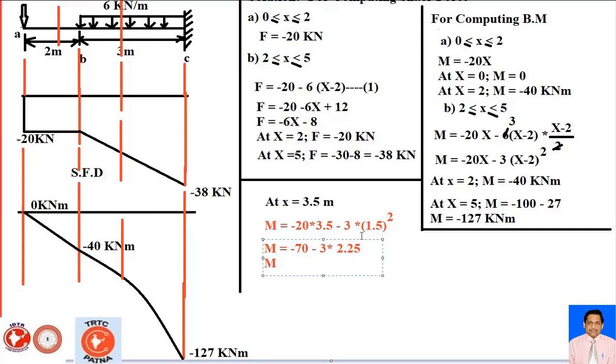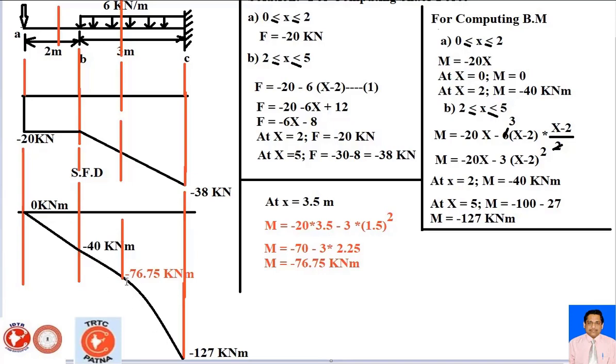So M equals minus 76.75 kilonewton meter. So this position is minus 76.75 kilonewton meter. After computing the mean value, your value is negative.